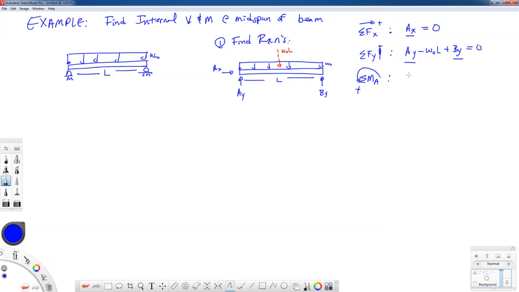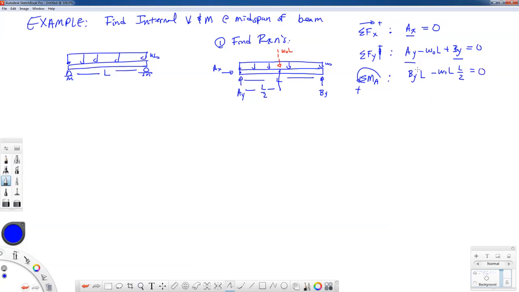So if we start on the right-hand side, in my positive direction of rotation, I'll have BY times the length of the beam L. I'll have minus W0 times L, that's the statically equivalent concentrated force, and then L over 2, which is the moment arm from position A, because the centroid of the rectangle is located at L over 2 from position A. I don't have anything else because the moment arms for AX and AY are equal to 0, so I can just write equal to 0 for equilibrium.